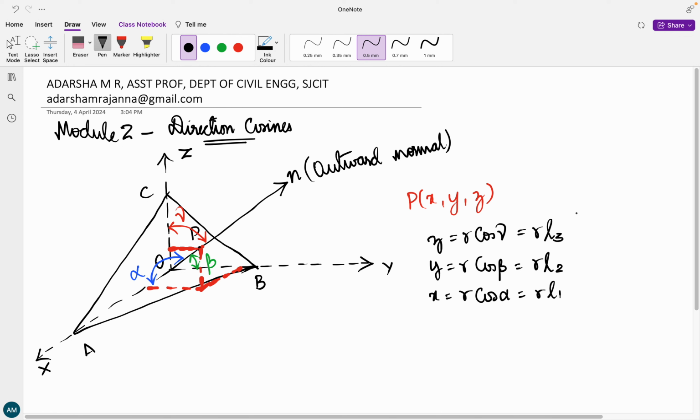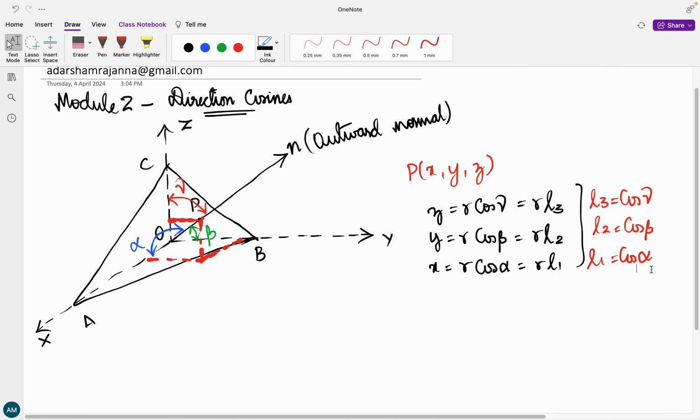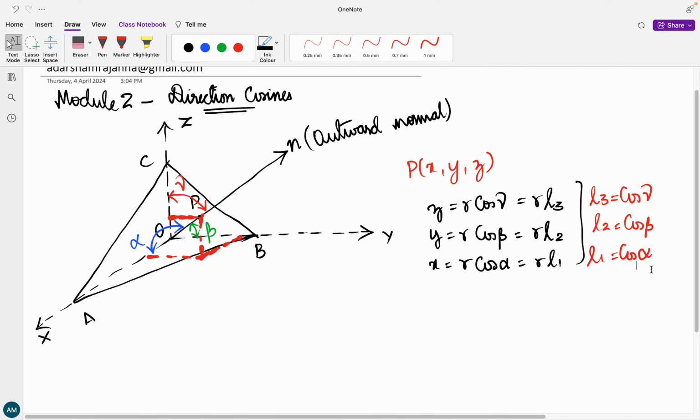So what do we understand by this is L3 is cos gamma, L2 is cos beta, L1 is cos alpha. So we have L1, L2, L3, which are the direction cosines of the line OP, and r I can consider as a polar coordinate of point P.